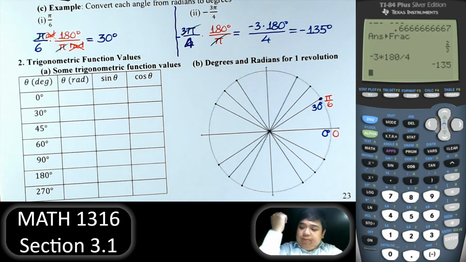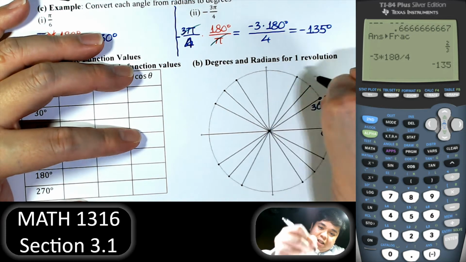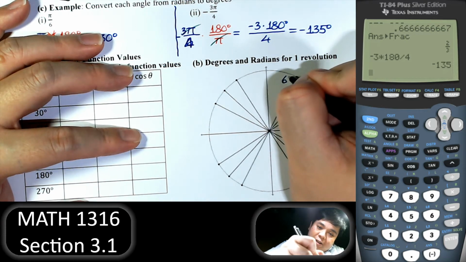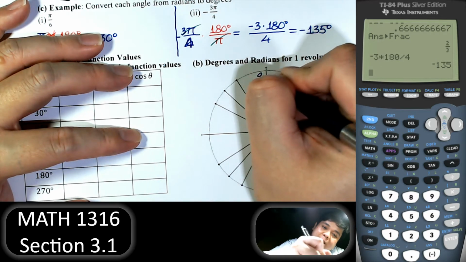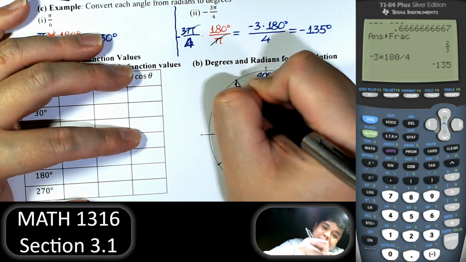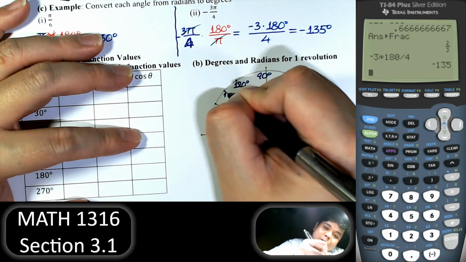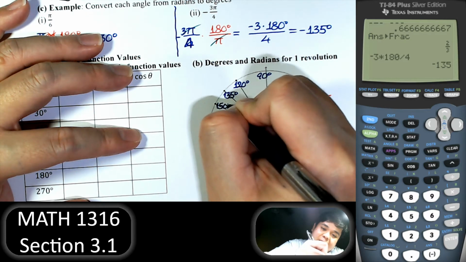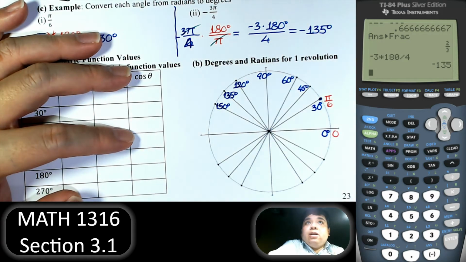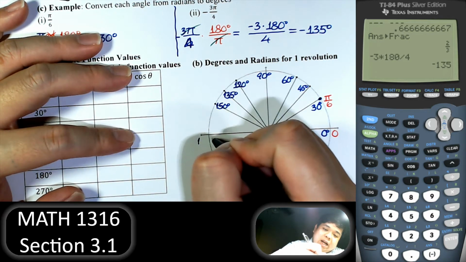Now, the rest: that 30, and then will be 60, that 45, 90, 120, 135, 150, and then 180 inside.